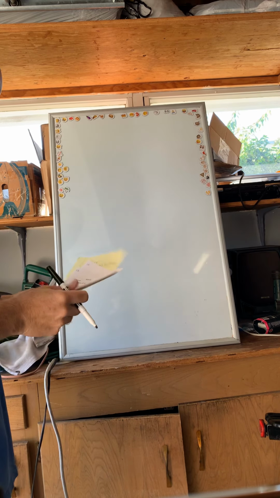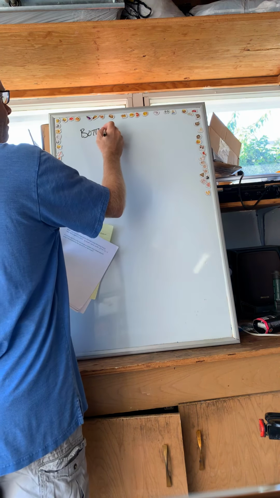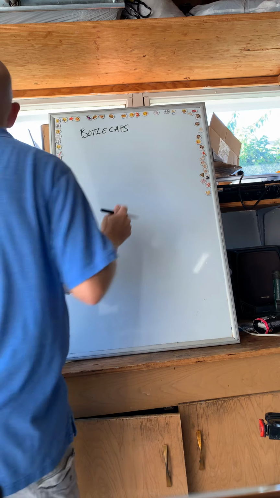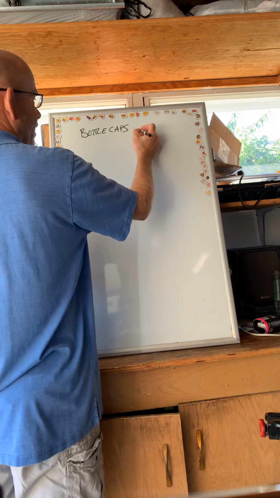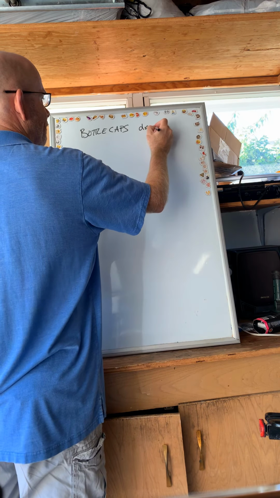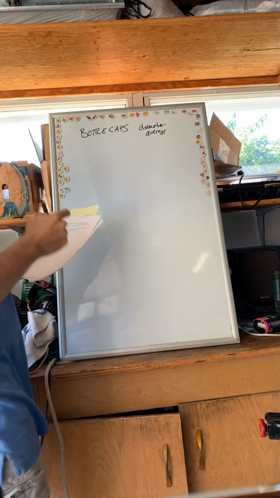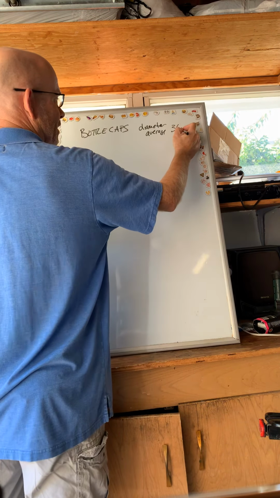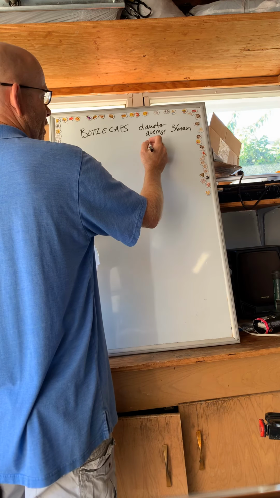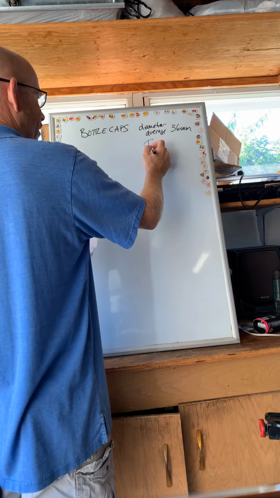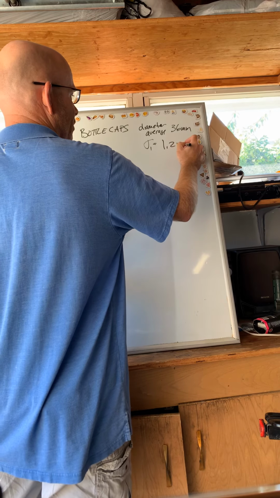The question is, we have bottle caps that are manufactured by a company, and the bottle caps have an average diameter of 36 millimeters, and a standard deviation, we'll call this standard deviation 1, of 1.2 millimeters.